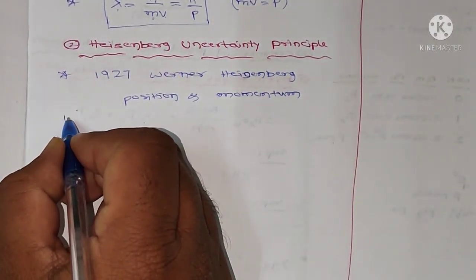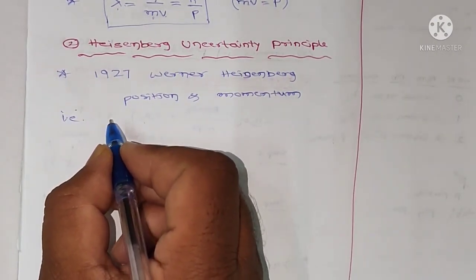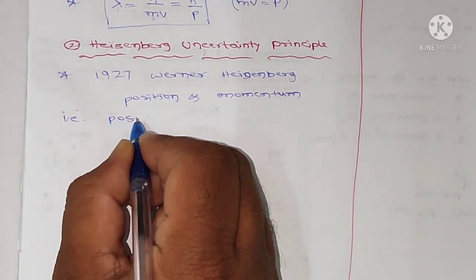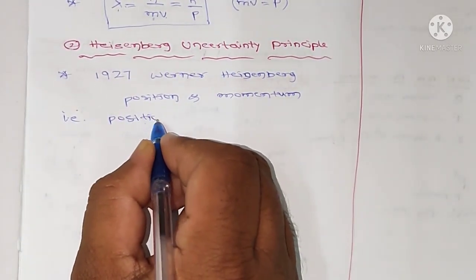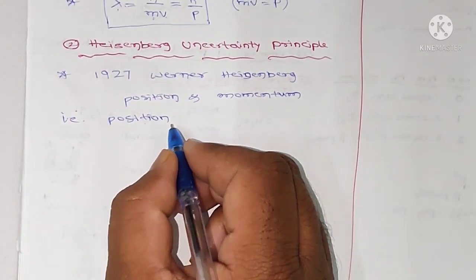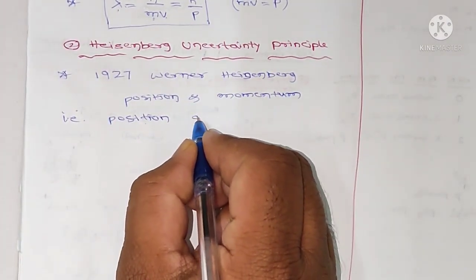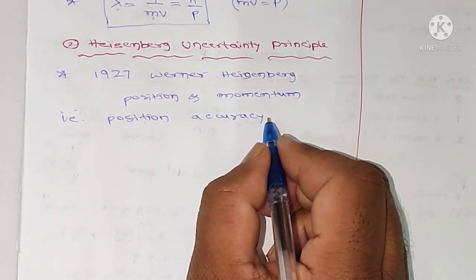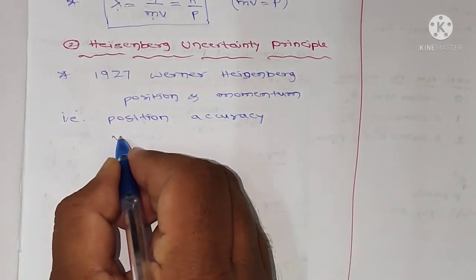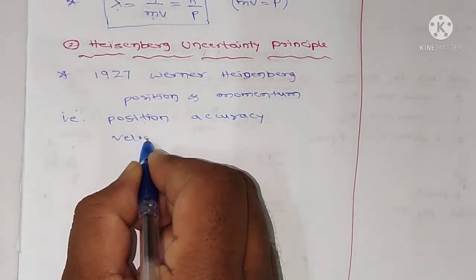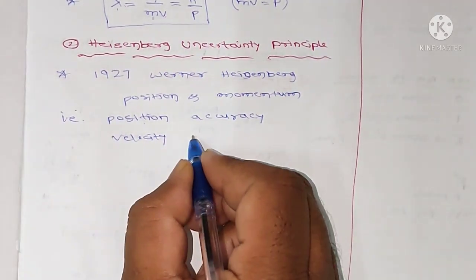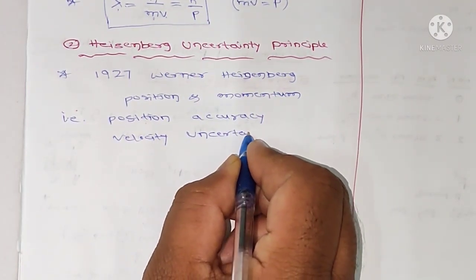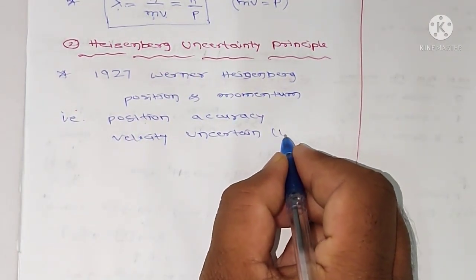That means if the position of electron is known with accuracy, then velocity of electron will be uncertain, means large.